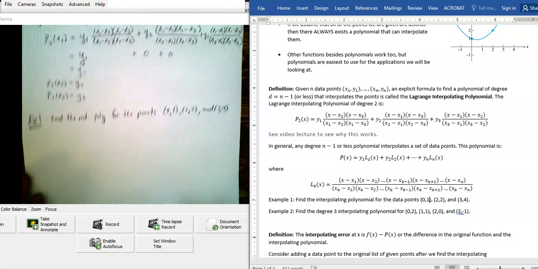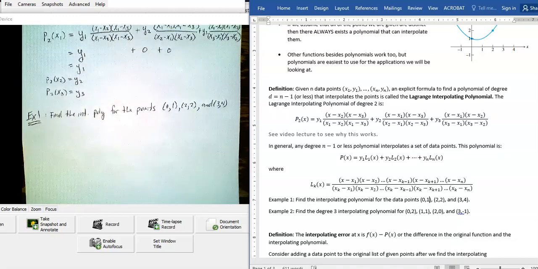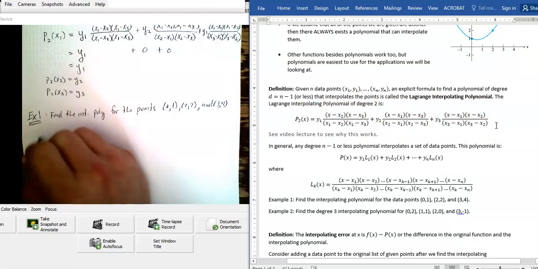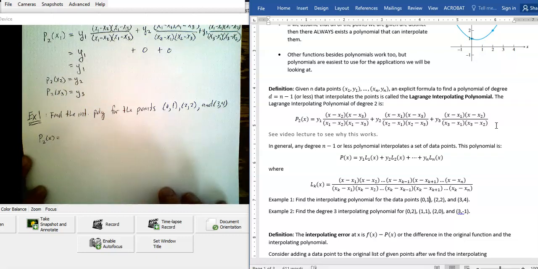Okay. All right, so we're just going to fit it to this formula here. Right, so we have a degree 2 polynomial, so we're going to just use this guy straight away. So P2 of x will equal, and be careful to plug in those values for the formula.